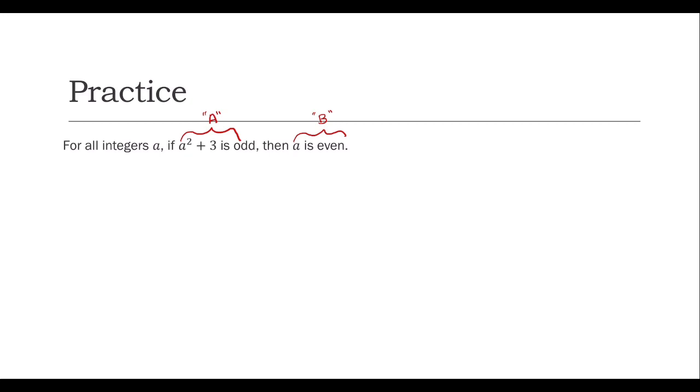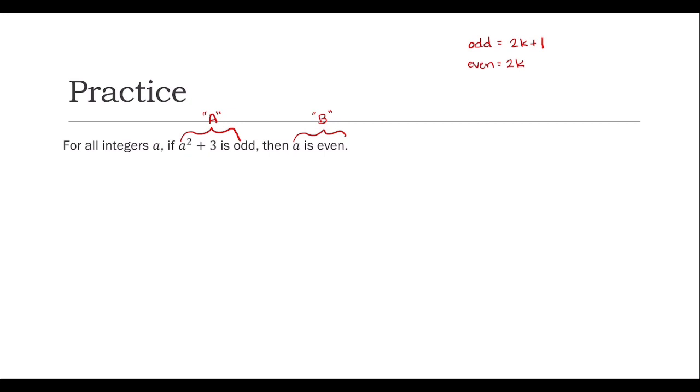So you could solve it by saying A is true and then proving that B is true, but with a proof by contradiction, you'll say that B is not true and then show how A can't be true then. So first we'll start by defining odd and even numbers. So an odd number is in the form of 2 times some integer plus 1, which makes it odd, and an even number is 2 times some number.